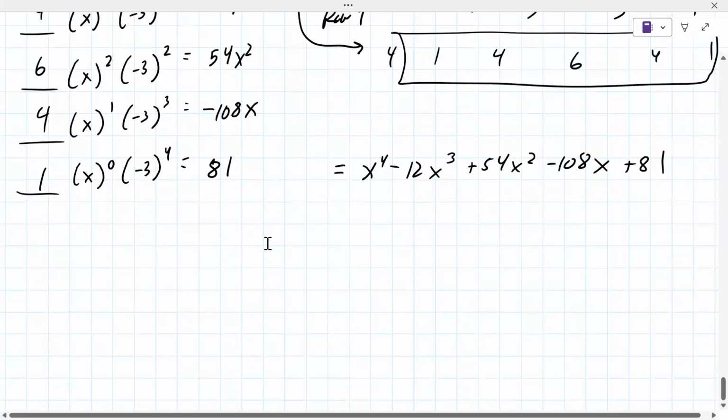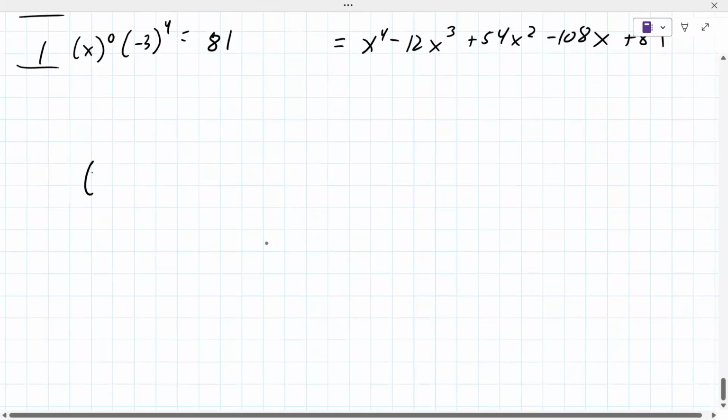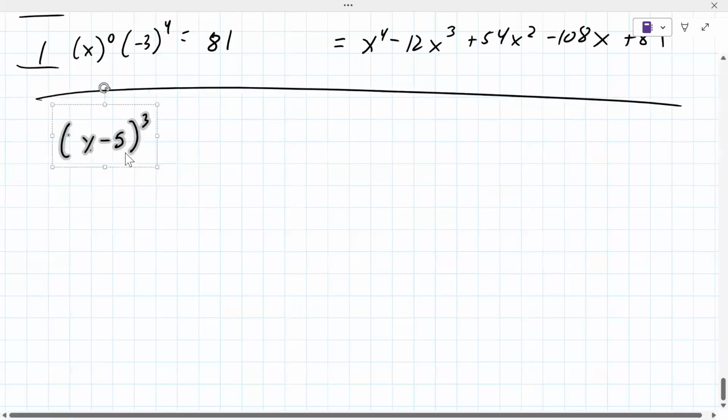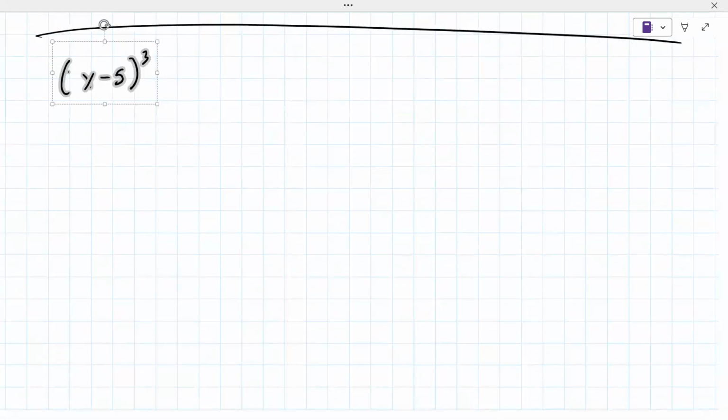All right, so let's have you try x minus 5 to the power of 3. If you need me to scroll up, I absolutely can do that.